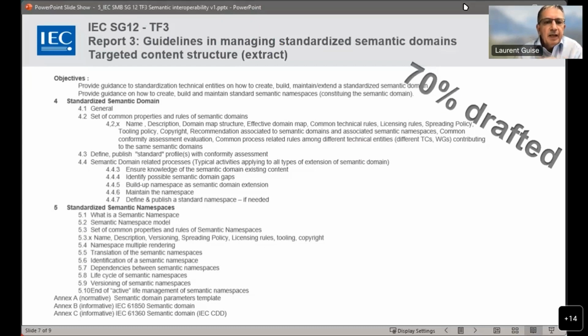Again, we believe that 100% of the technical entities of IEC will have to face or already face the question of digitalization, and then we would like to guide them in order to improve their own internal efficiency. So this is why, for example, we introduce the notion of namespace.